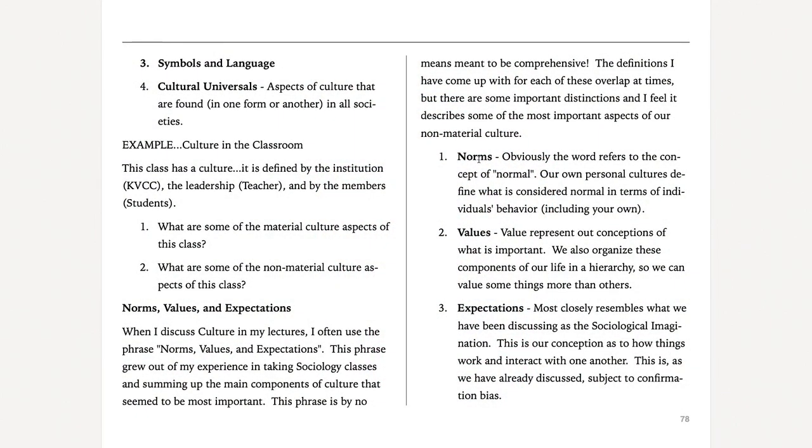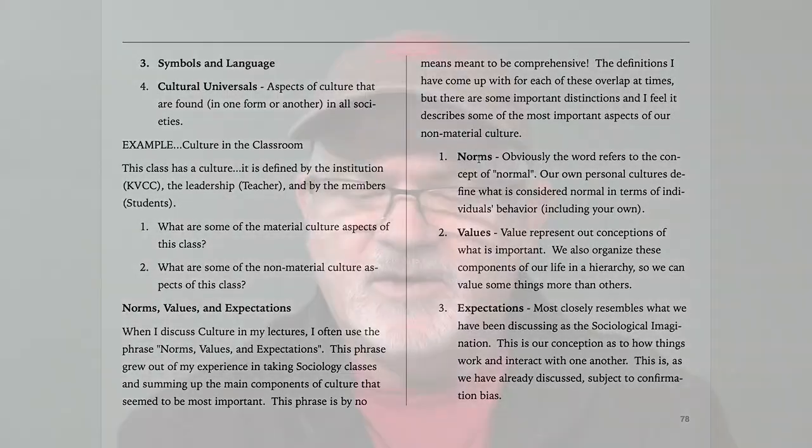Values have to do with what's important and what is, again, you see the word, valuable. You see that in the word. We organize components in our life in a hierarchy. Some things are more important than others, and we may attribute these to norms of behavior. We may have a value system associated with our norm. So this is where we get some of the issues with race and gender equity and those kinds of issues.